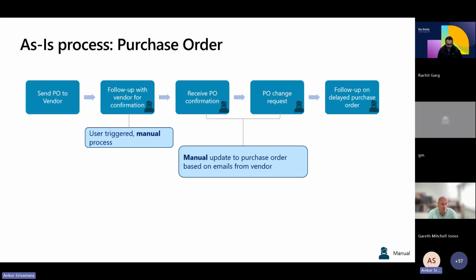When a response is received, whether it's a confirmation or a change request to the purchase order, it must be manually reviewed and the PO updated accordingly. Procurement personnel also spend time following up with the supplier on delayed purchase orders. As you can see in the problem statement, there are too many manual interventions. Manual follow-up and updates happen in the purchase order cycle.